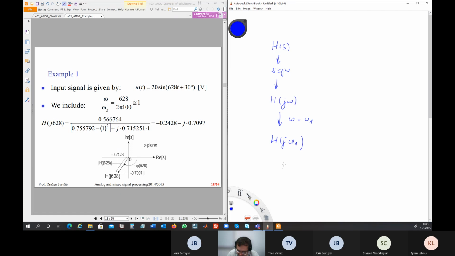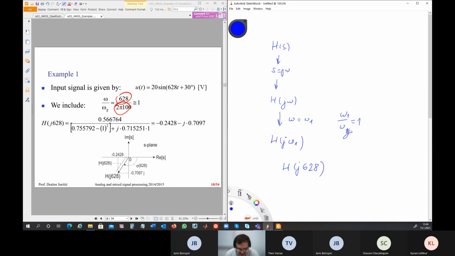For example, we have here H of J 6 to 8, which is 2 pi 100, like this. So we have chosen the same value, so we have omega over omega g, or omega over omega 1, to be 1.